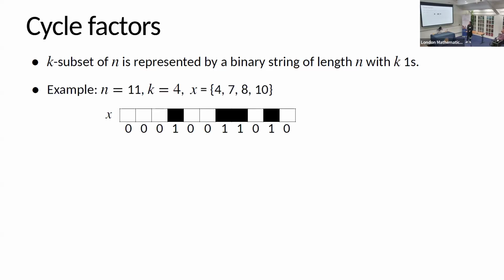For example, in this case, when n equals 11, let's say k is 4, and x is your set, let's say 4, 7, 8, and 10. So I want to define a binary string x. It's a binary string, and the length is n, so the length of this string is 11. And we want to put 1 at positions 4, 7, 8, and 10. And for all the rest of the positions, it will be 0. So in this picture, I have marked 1 with dark boxes and 0 with light boxes.